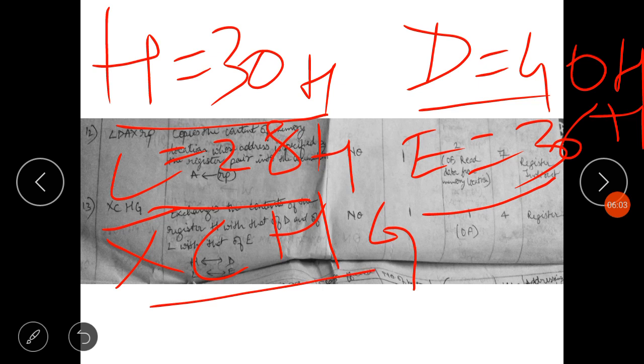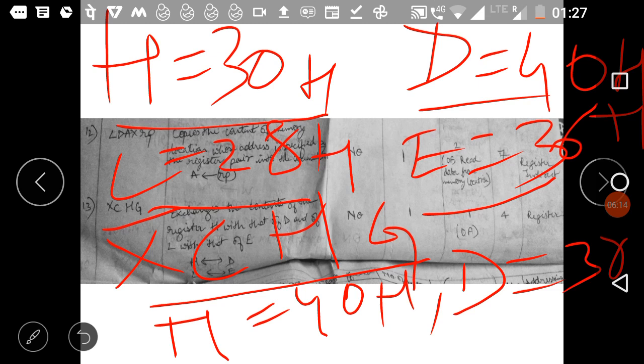H will have the content 40H, D will have 30H, L will have 36H, and E will have 28H.